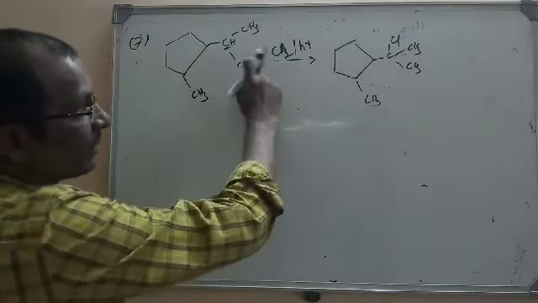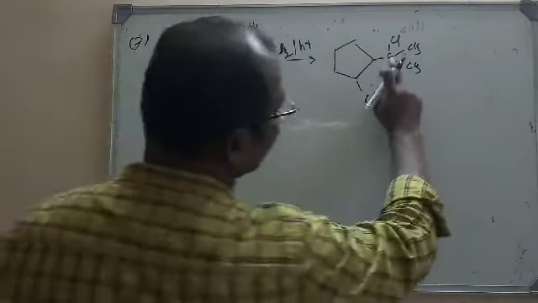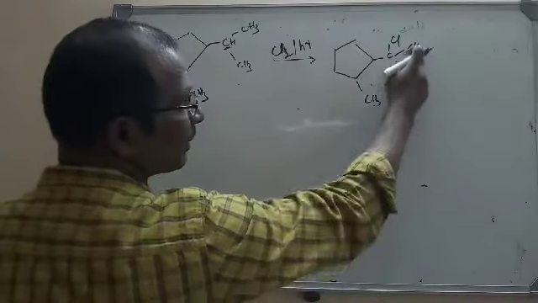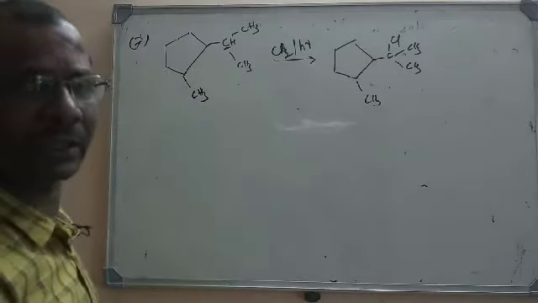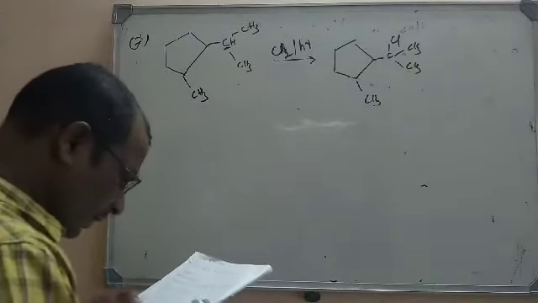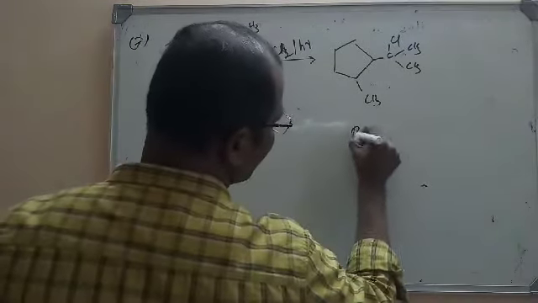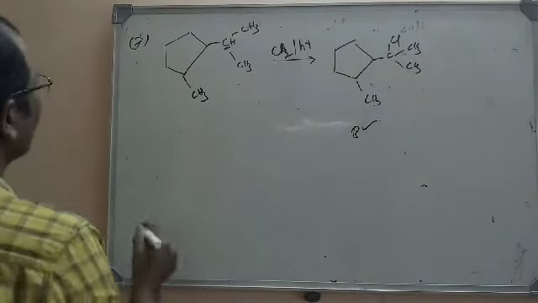It will undergo a free radical mechanism because it is in the presence of sunlight. So chlorine will be substituted on this carbon. Because more hyperconjugation is possible, others will not give the most stable radical. So option B is the correct option. That is the explanation.